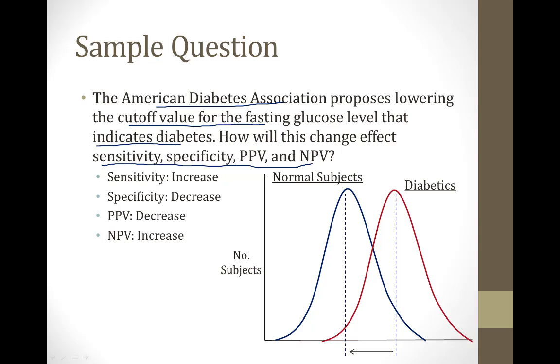So we talked about how moving the cutoff this way, lowering the cutoff, increases the sensitivity of a test and decreases the specificity. And then we just talked about in this module how moving the cutoff point this way on the curve will decrease the positive predictive value, and then negative predictive value will always follow the opposite rule, so it will increase. So now you know how to answer questions about what happens to moving the cutoff point on all 4 of these features of a diagnostic test.